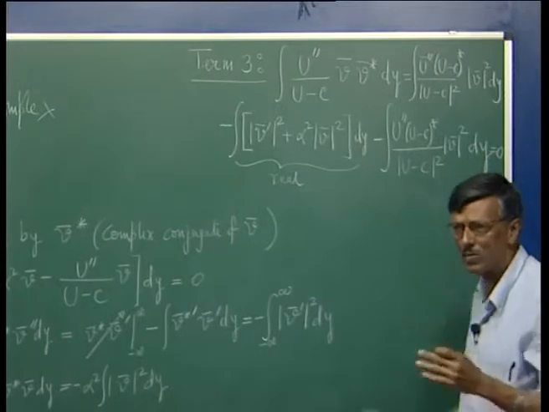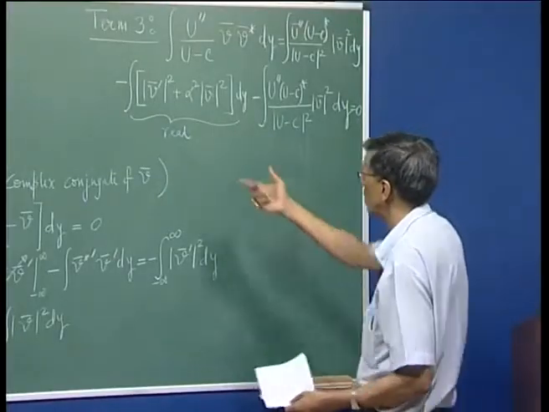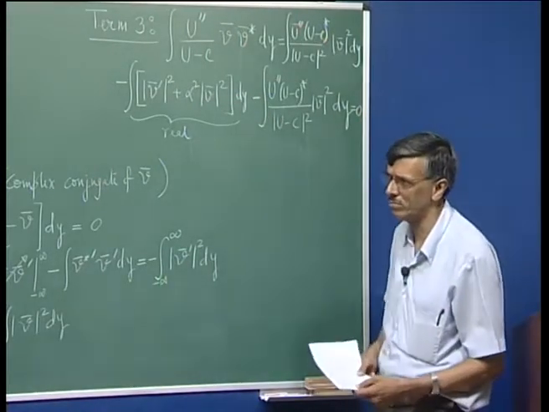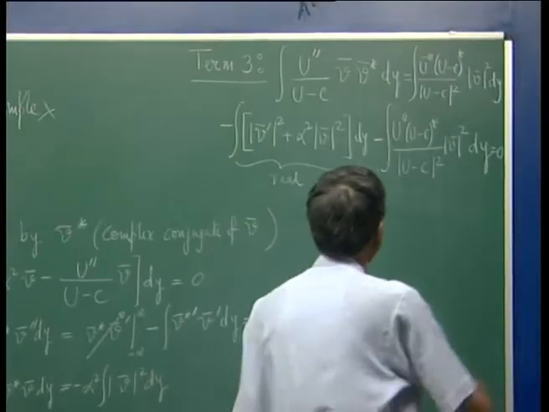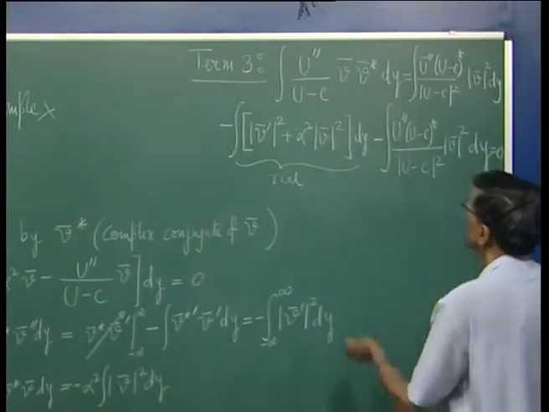So, I can split it into a real part and an imaginary part. The real part will go with this. What happens to the imaginary part of this equation? That is what is written on your transparency here. 14, the imaginary part is this, right. Because u minus c, the conjugate is what?